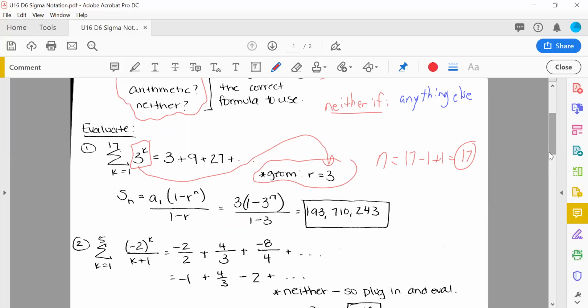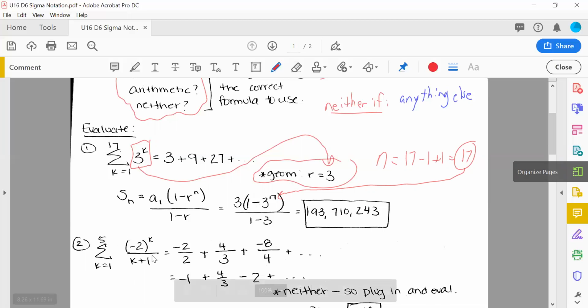So that equals 17 right there. So make sure that when dealing with sigma notation and you're finding the number of terms n, you take the top minus the bottom and then make sure you add 1. Okay, and just plug all that into your calculator: 193,710,243. Boom. Okay, you've done this enough times. I'm not going to go through the calculation with you.